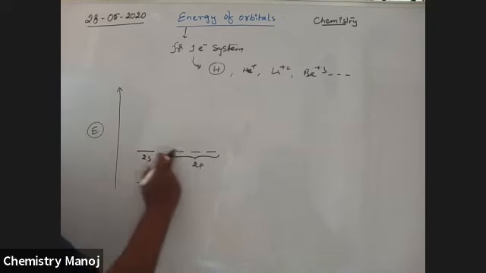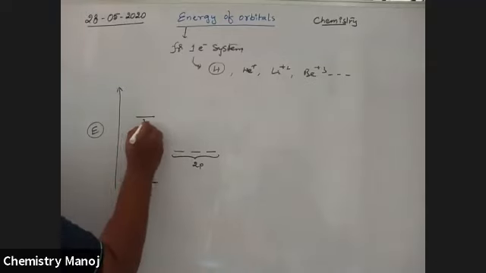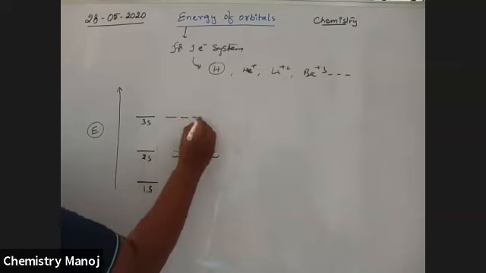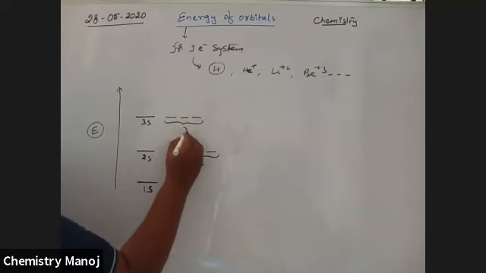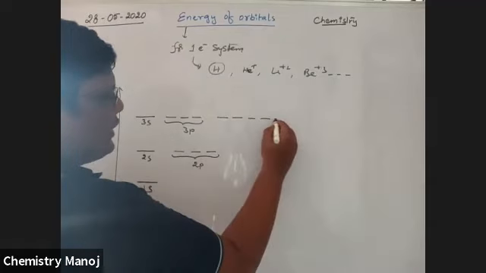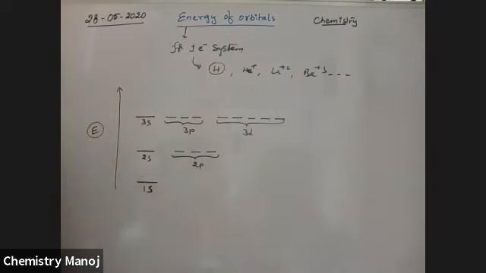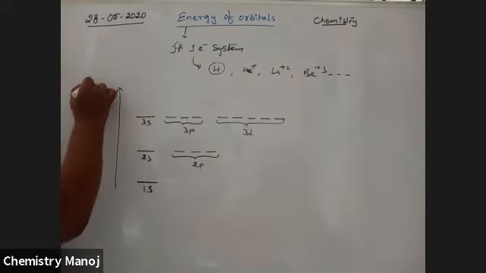My dear boys, all the 2s and 2p energies are the same. Next, 3s, 3p orbitals, and at the same time 3d also exists with 5 orbitals. Like this, it is possible for a one electron system.